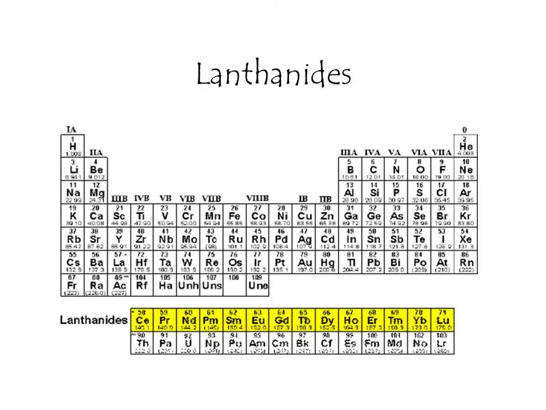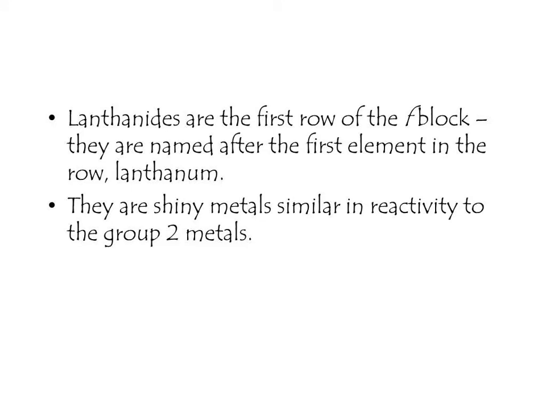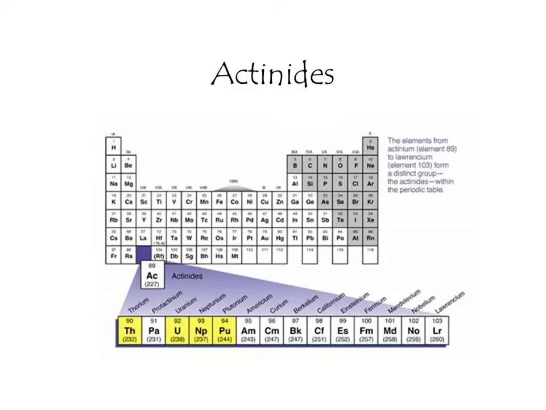Then there are the lanthanides. The lanthanides exist in the F block. They are the first row of the F block. On top of being the first row of the F block, lanthanides are shiny metals and have similar reactivities as the metals in group 2, or the alkaline earth metals. Next are the actinides, which are the second row of the F block.